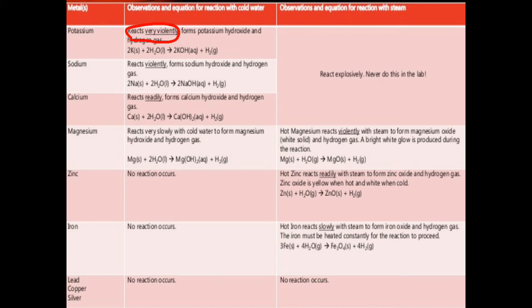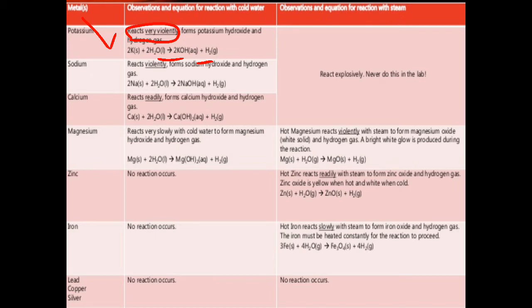So what are the products? Potassium hydroxide and hydrogen. As hydrogen gas is there, potassium metal can catch fire, giving violet-colored flames. So the reaction is very violent, meaning potassium is very reactive.